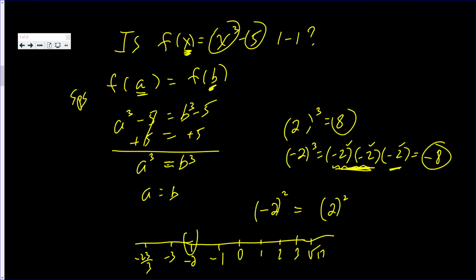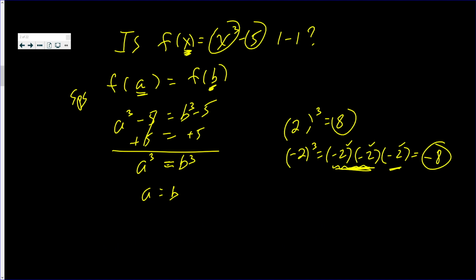But when it comes to cubes, it's okay. If you cube two numbers and you get the same answer, like we're doing here, that means the numbers are the same. That implies that f of x is 1 to 1.